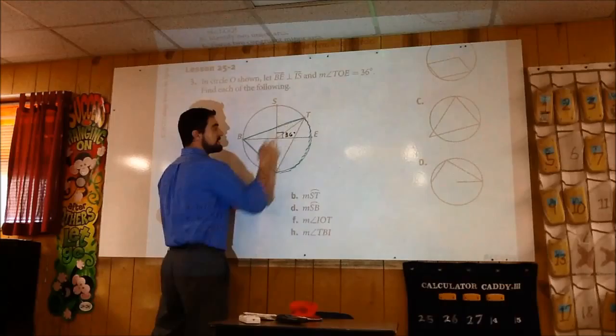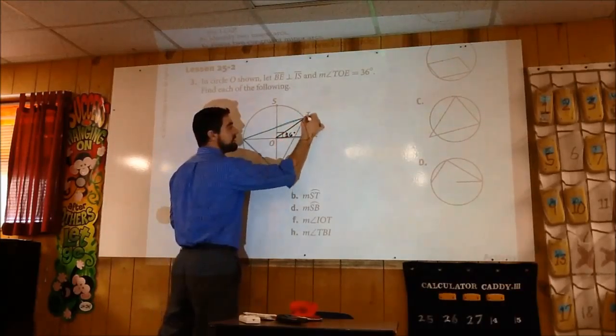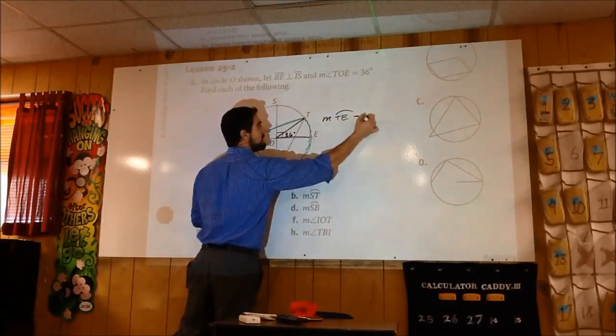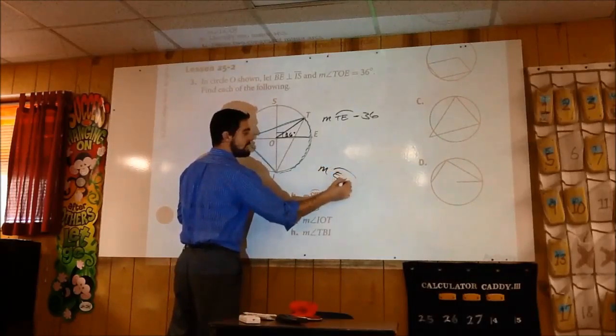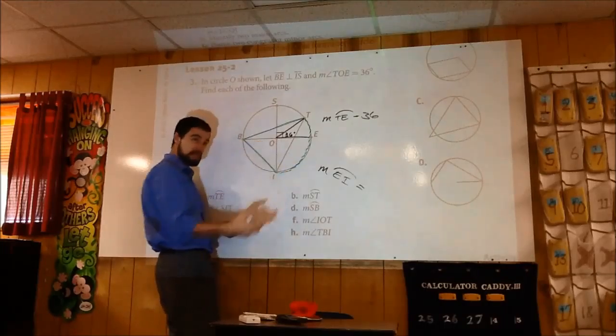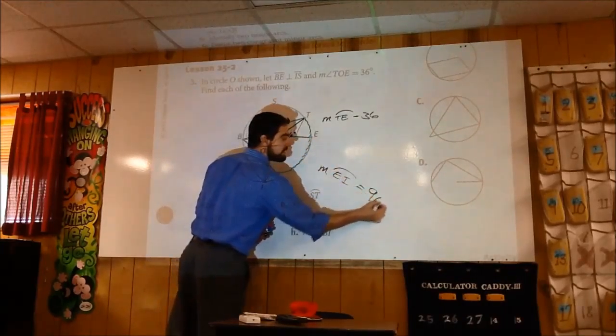Well, they gave us that this central angle here is 36. That means from T to E has to be 36 as well. What's the measure of arc EI? 90, because that's a central 90-degree angle, so that means that this intercepted arc has to be 90 as well.